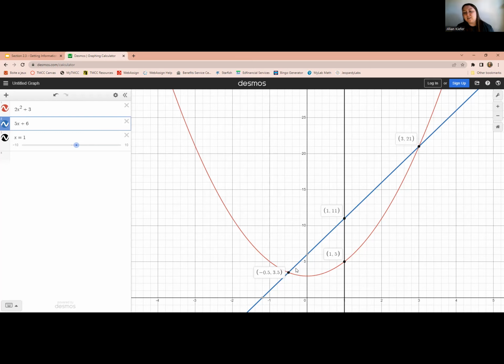And this is consistent throughout this entire interval: our red graph, 2x squared plus 3, is less than or equal to the blue graph on the interval of negative 0.5 to 3, including negative 0.5 and 3. So let's go ahead and write that out in our notes.